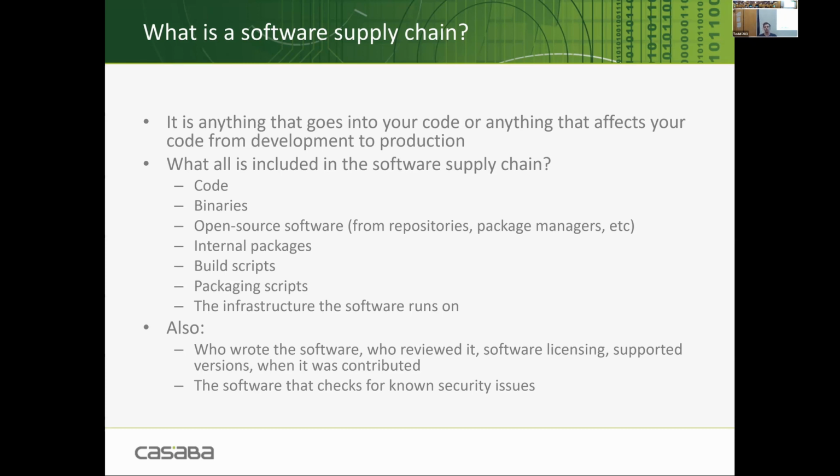Some of you may know the paper, it was Ken Thompson's, effectively about trusting a compiler. How do you know that the software that you compiled is actually secure? Well, you have to trust your compiler at some level. The same goes for the software that checks for known security issues: you either have to trust it's doing its job, or you have to make sure that's also secure. Like "On Trusting Trust."